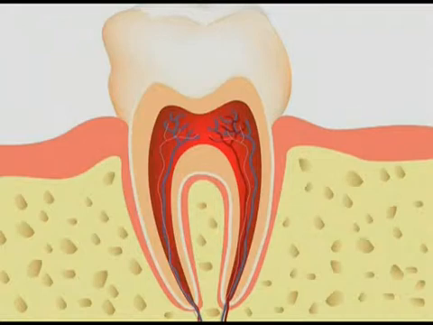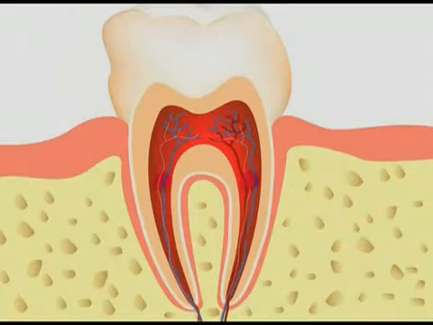Beneath the enamel is the main body of the tooth, which is called dentin. This dentin is similar to the composition of the bones of our body. Our bones and this dentin have almost the same chemical composition. This portion is also hard, but not as hard as the enamel.